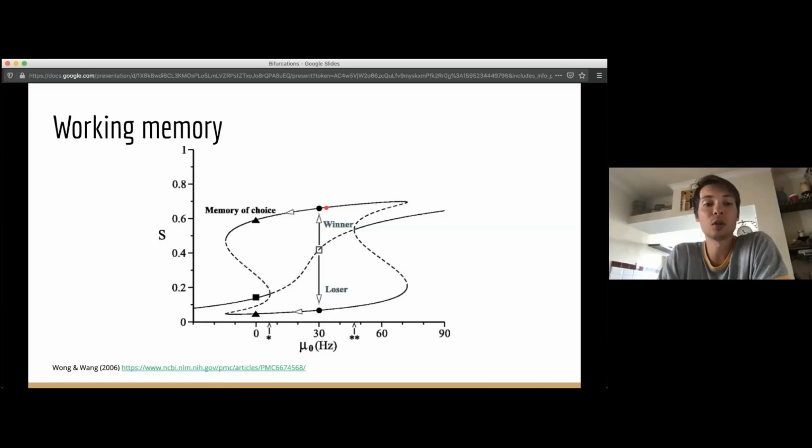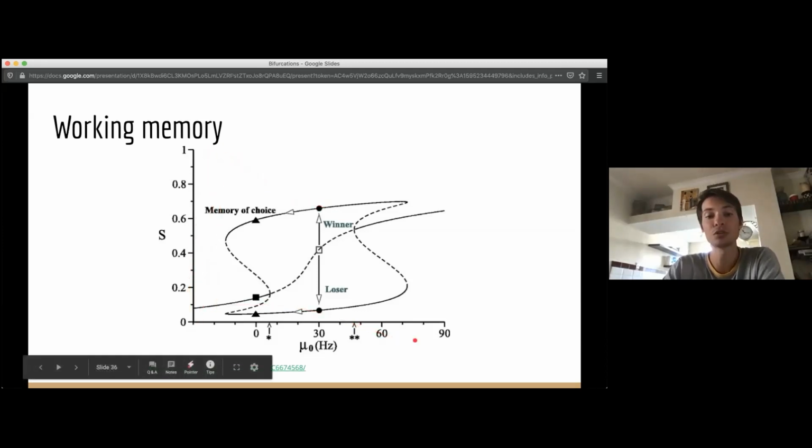For example, one of those can be the working memory process, in which the animal or human needs to choose between left or right option after some time from the moment the stimuli vanished from the screen, right? So you can imagine again this scenario where we had dots traveling towards right or left, but then at some moment the stimulus is switched off, and then after 1 or 2 seconds we need to make our choice. So this is again this bifurcation plot. That's why I wanted you to learn how to read those types of plots.